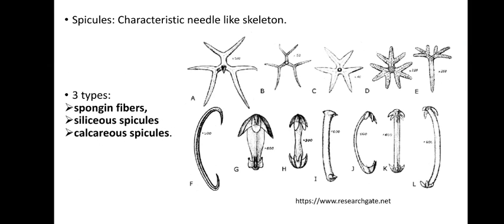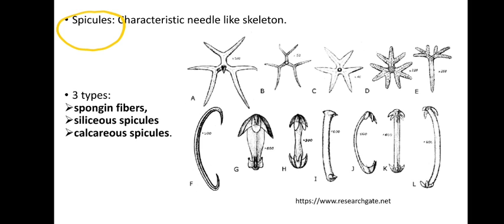Now, let's go to the next very important characteristic feature of sponges, which is its skeleton. The skeleton of sponges is formed of spicules. These spicules are needle-like projections, generally present in the mesenchymal area and projected outwards.